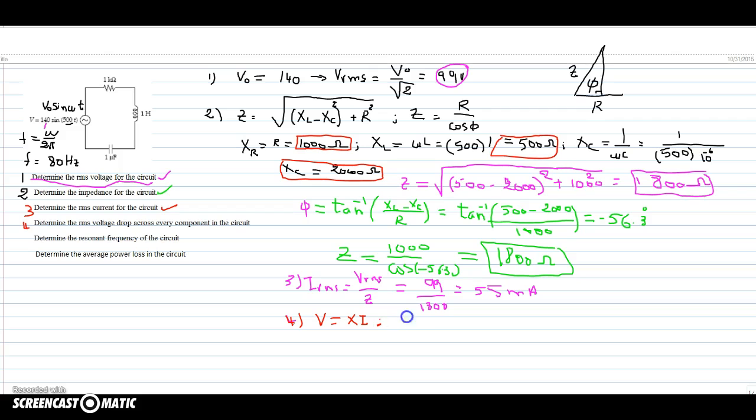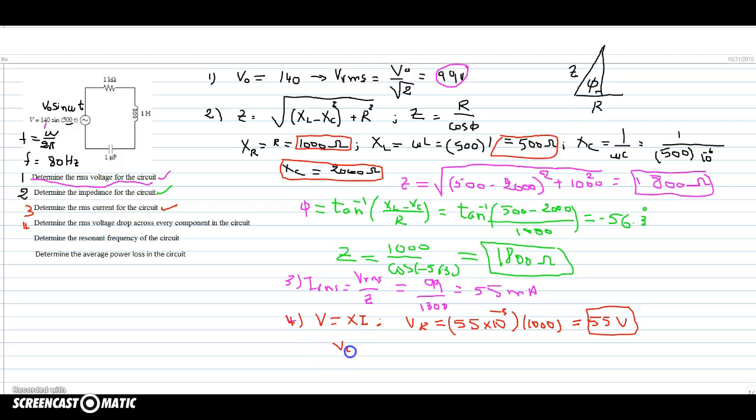And so for VR, it will be just the RMS value, which is 55 milli times 1000, which is R, and that is 55. All right, that is the voltage across R.